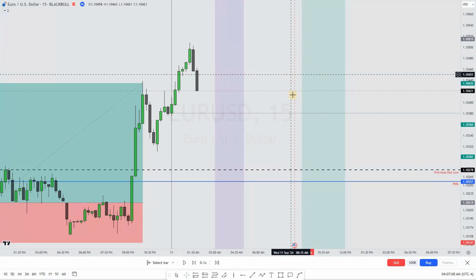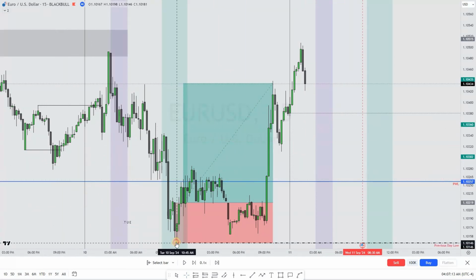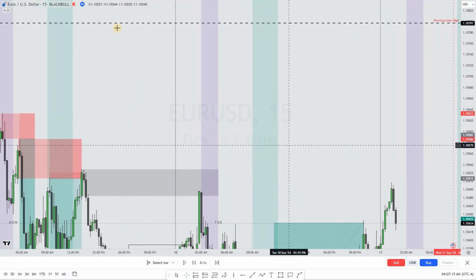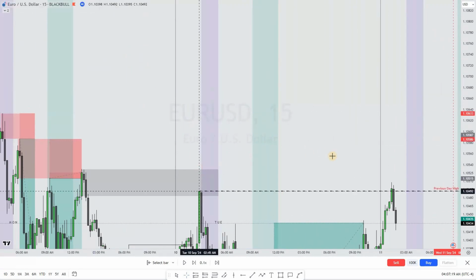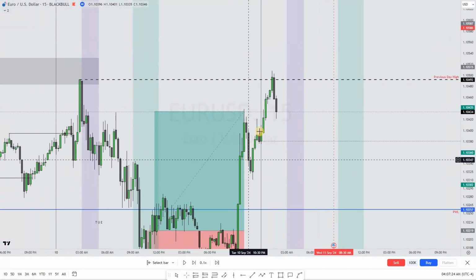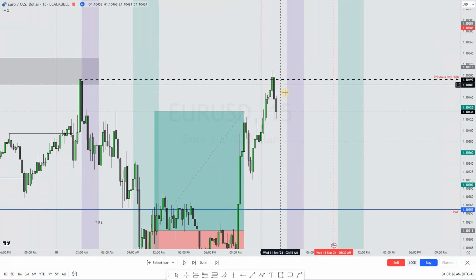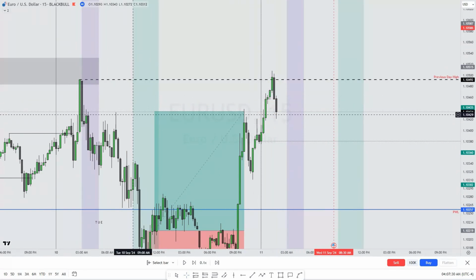Let me adjust these lines again. We have a previous day low down here, and then we have the previous day high up here. As you can see, price already went all the way up and took a previous day high, and it was coming down.